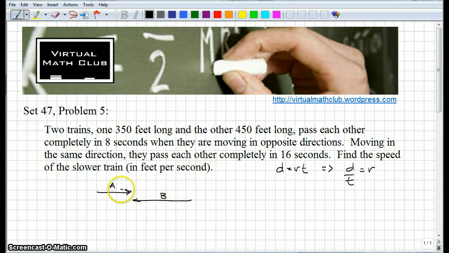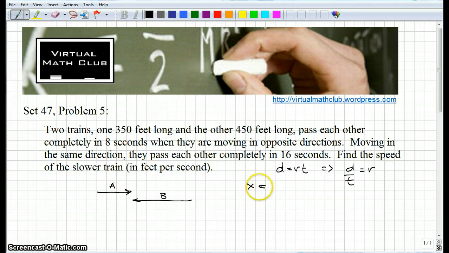But the thing is that they're both moving, and we don't really know which train is faster, if it's the shorter train or the longer train, and if it even matters which one's moving faster. So I'm going to define a couple of variables.